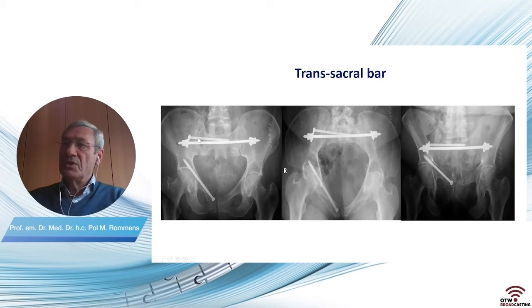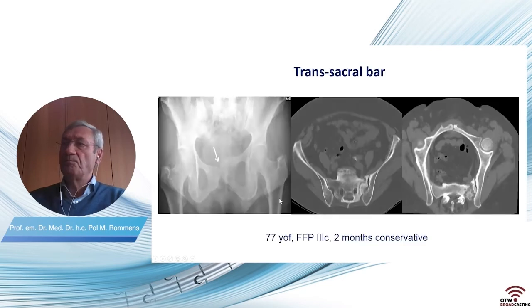You see the position of the transsacral bar, an additional iliosacral screw, and a retrograde transpubic screw to bridge the fracture in the front. Here in the inlet view, you very nicely see that the nuts on the transsacral bar can put some compression on the posterior ilium and posterior sacrum.